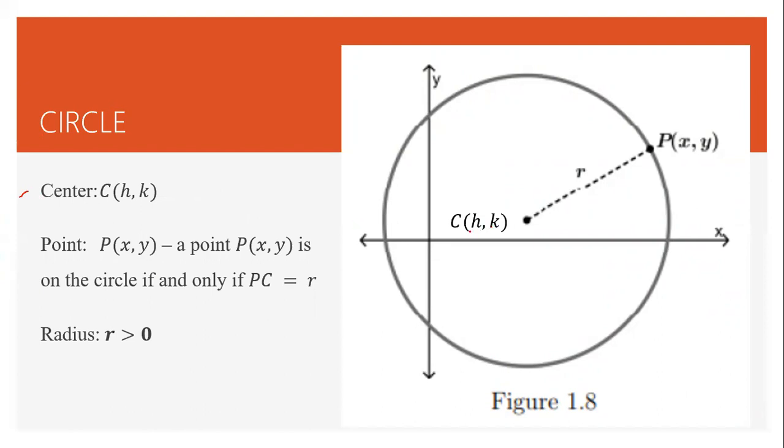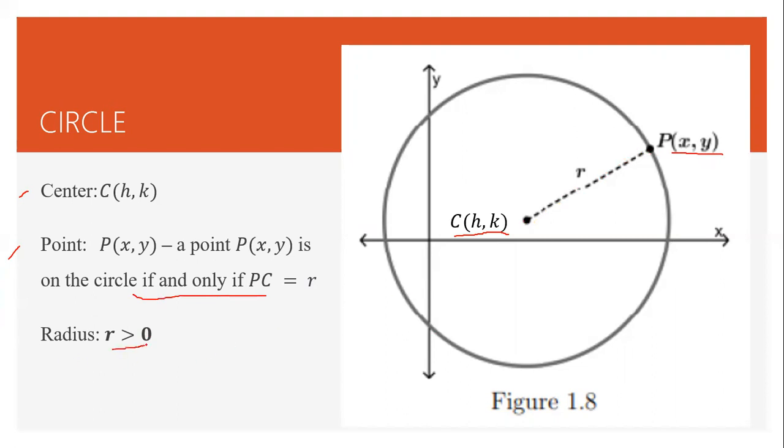Okay, let's label our circle. The center will be represented by H and K. A point on a circle is point P or any point X, Y. Take note that the point P is on the circle if and only if PC, this distance, is equal to R, or equal to the radius.